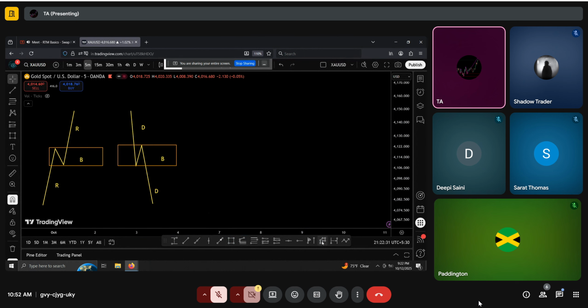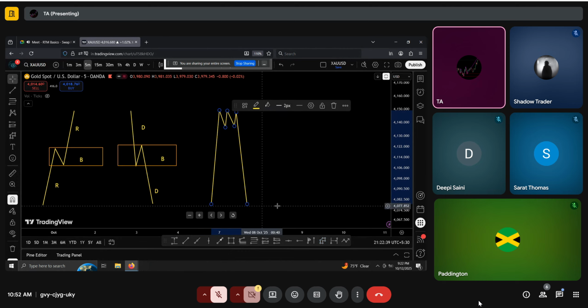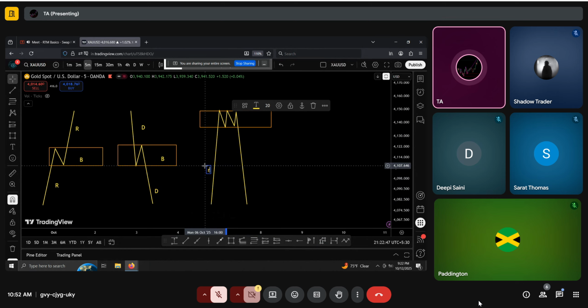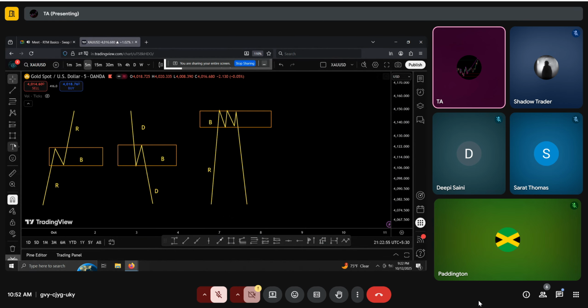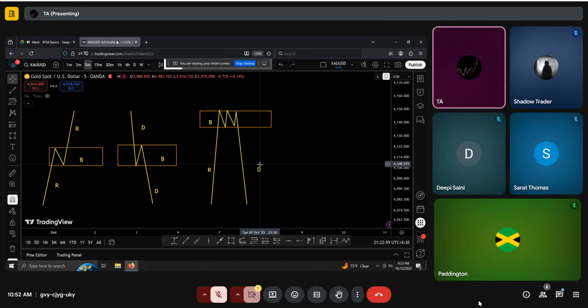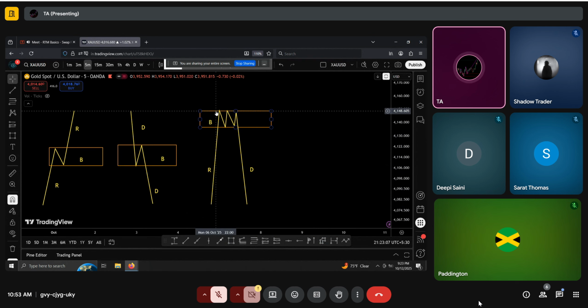And then we had rally base drop. This is rally, and this one is base, and this is drop. You can see these two structures are continuation structures, and this one is a reversal structure.